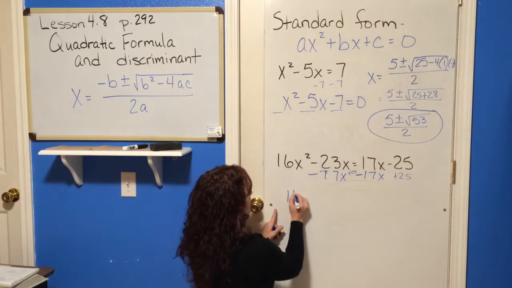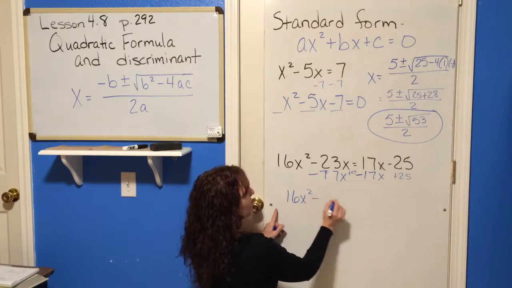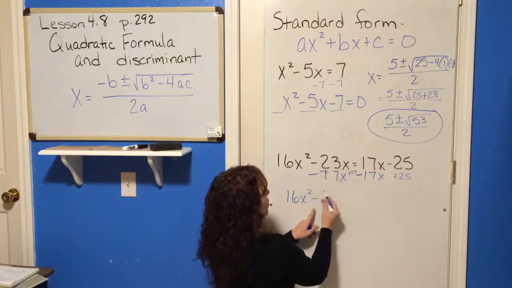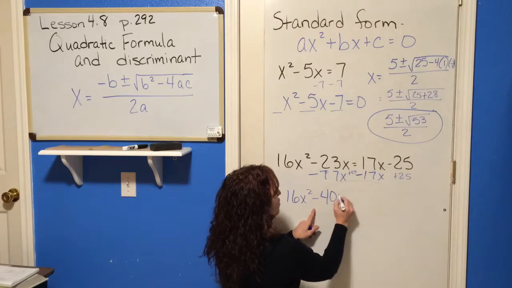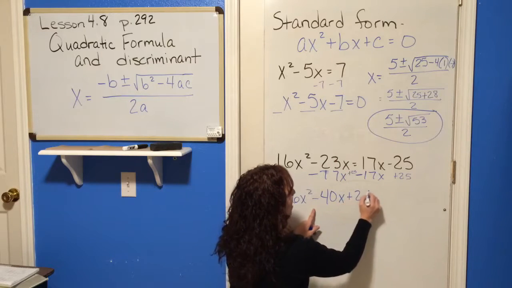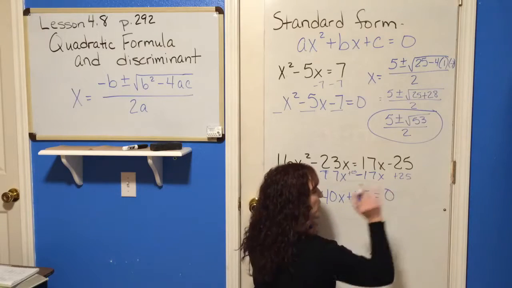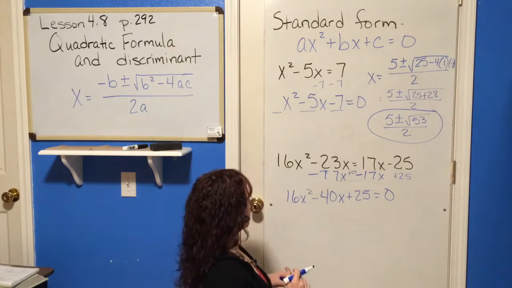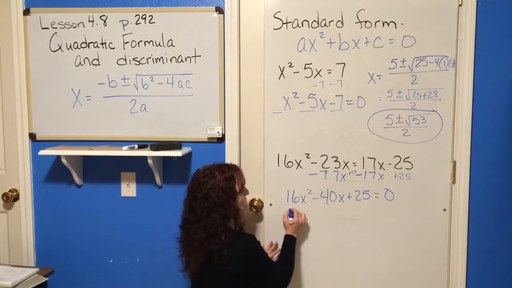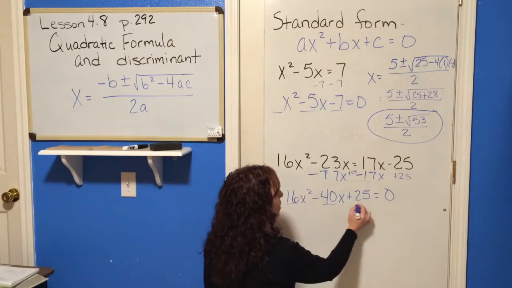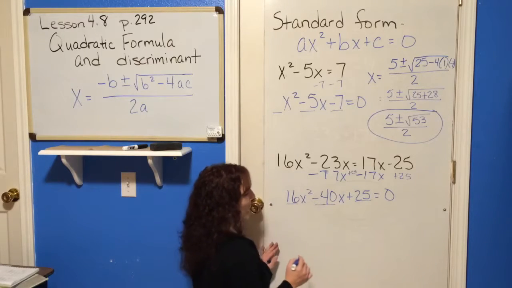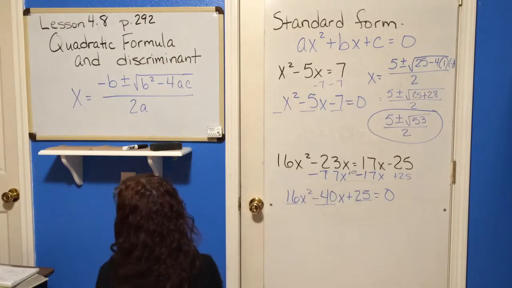So you've got 16x squared minus 40x plus 25 all equal to 0, which is what we wanted. So then determine what's your a, b, and c. Whew, big numbers, 16, 40, and 25. Oh, don't forget that's a negative 40 and a positive 25.